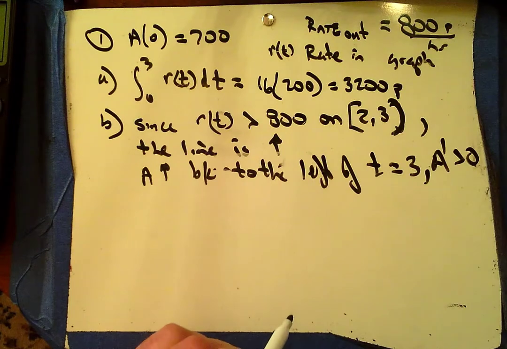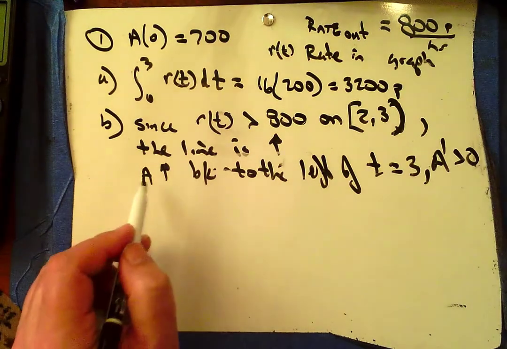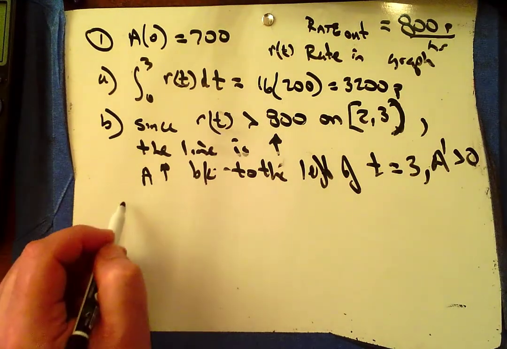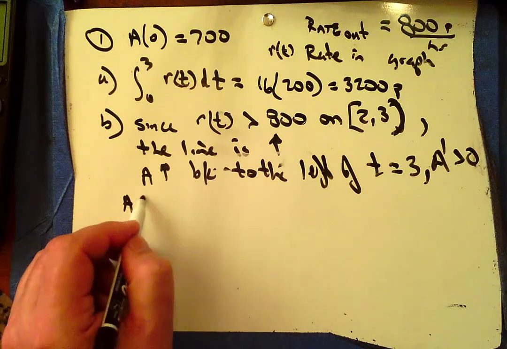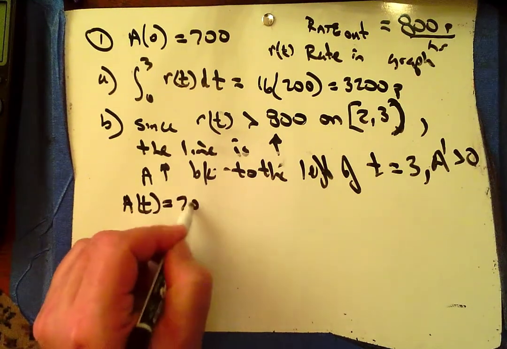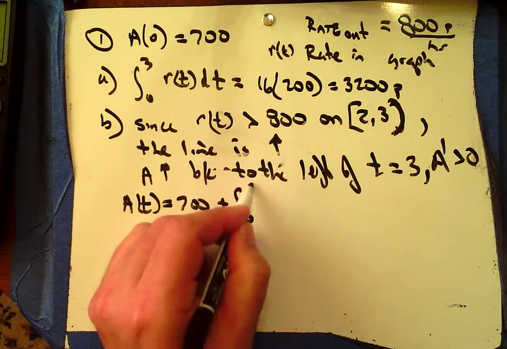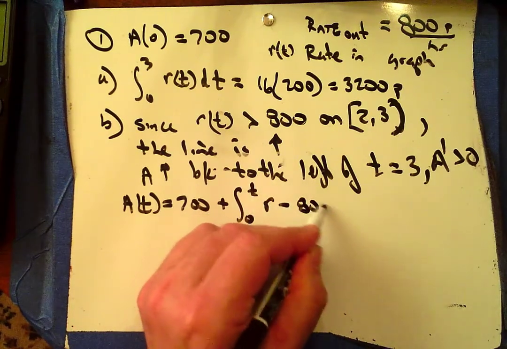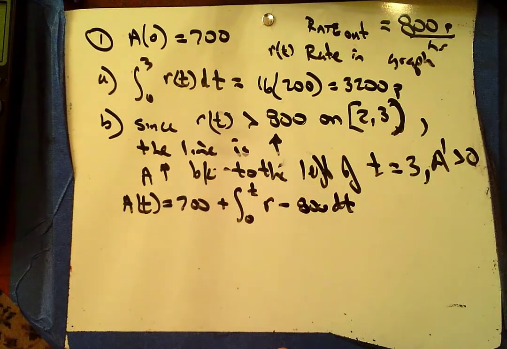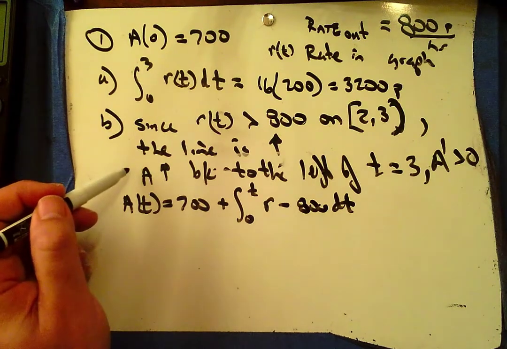That would also work. But in this case, you have to show the defined a function, remember? A equals 700 plus the integral 0 to t of r minus 800 dt. So that's a second approach.